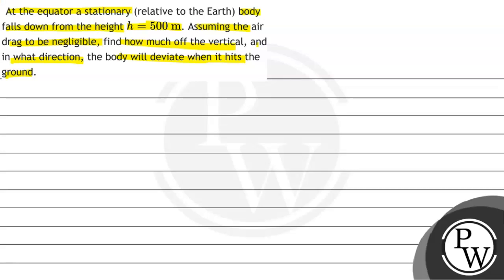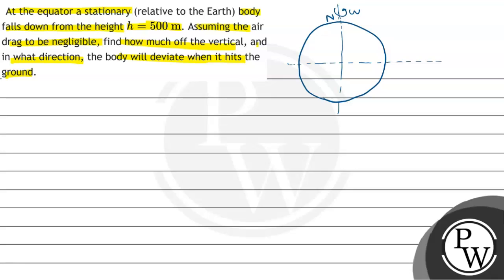So let's say this is our earth, this is the equator, and this is our North Pole, and let's say the earth is moving at omega angular velocity.